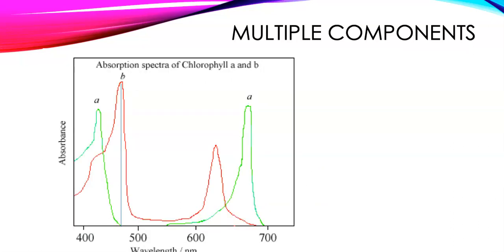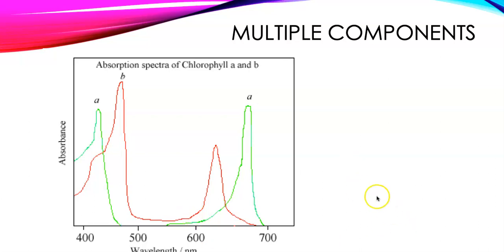Right. If there's more than one species, more than one component in your sample, you might need to look at different regions. So if I'm looking at chlorophyll A, which is the green spectrum, and chlorophyll B, which is the red spectrum here, if I want to look at just B, all right, I might want to choose a wavelength of somewhere around, I don't know, 475 nanometers, where I wouldn't have much interference from chlorophyll A, would be very helpful.